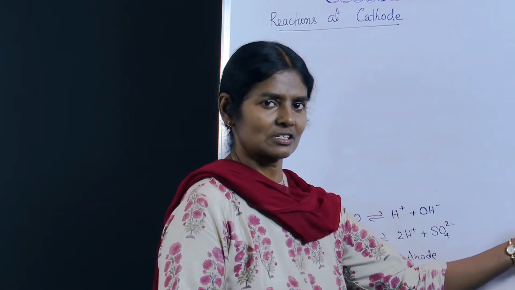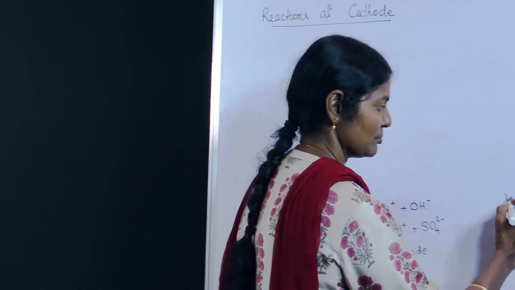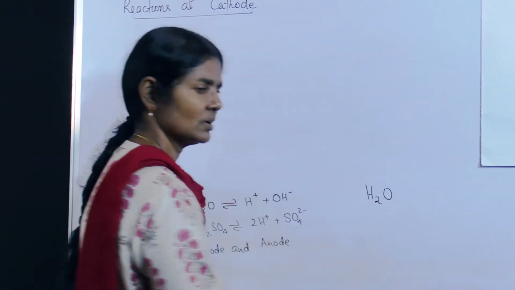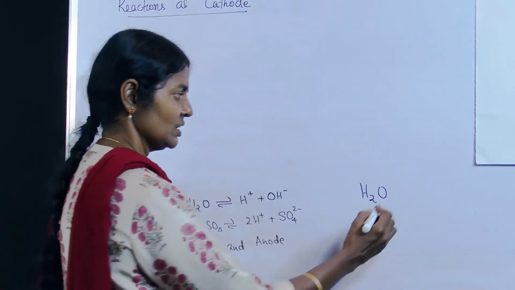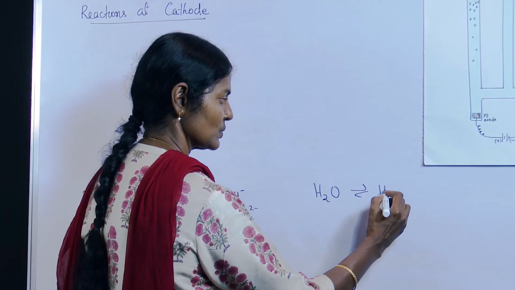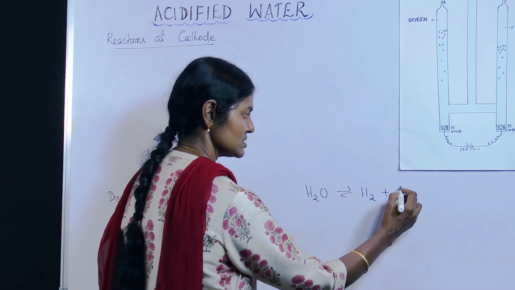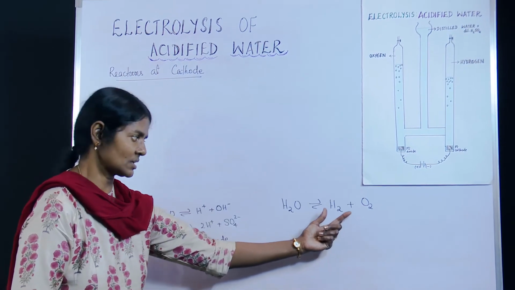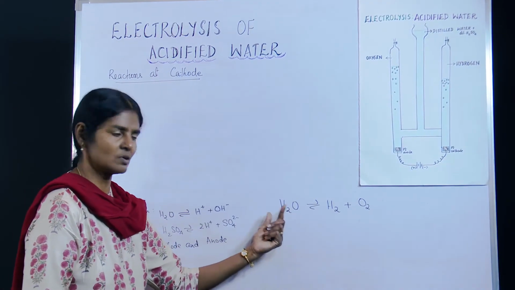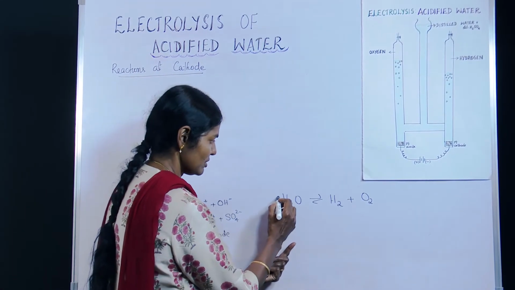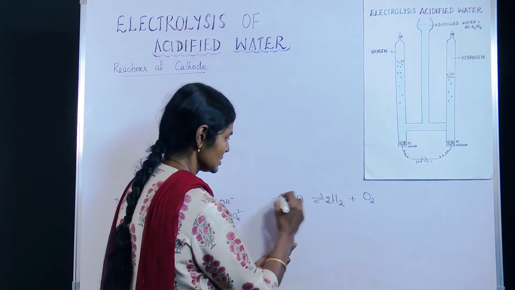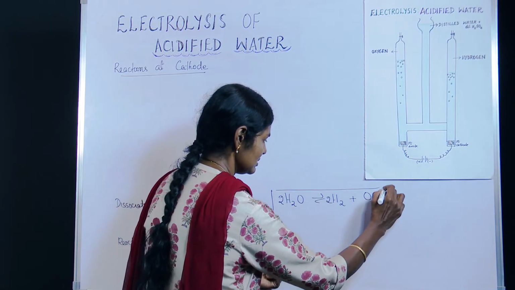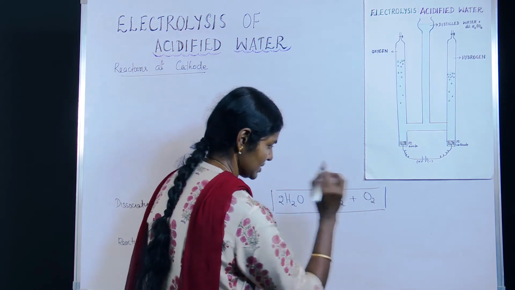Actually, in this electrolysis, what is happening is you are breaking down molecules of water. Into what is it broken down? Actually into hydrogen and oxygen. These are the products of breaking down the water molecule. So when we balance it, it goes this way. So this is the reaction that's actually happening.